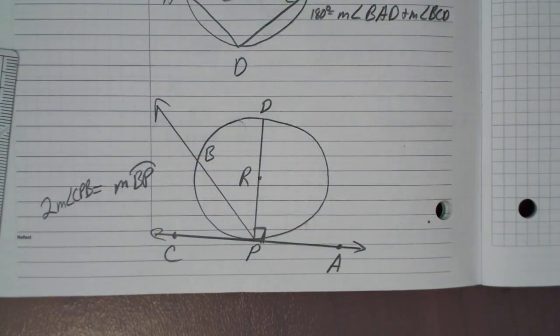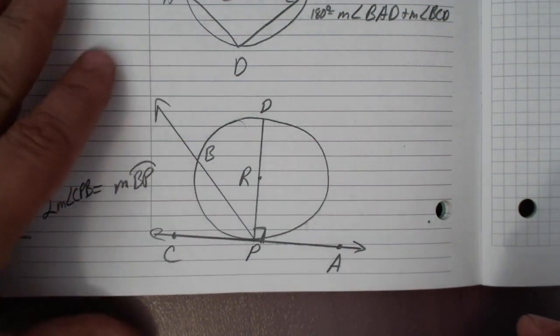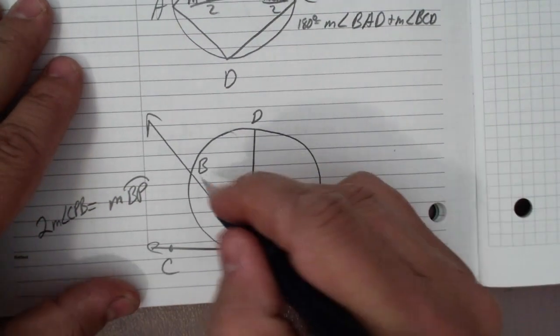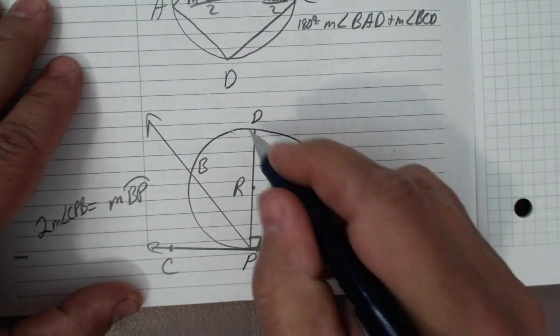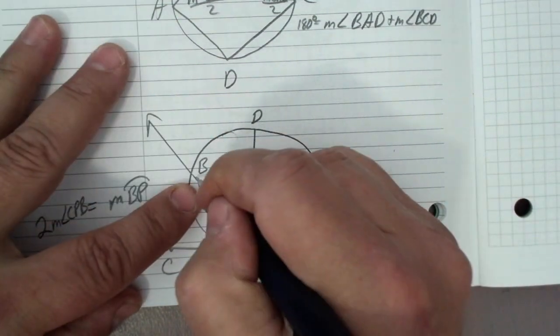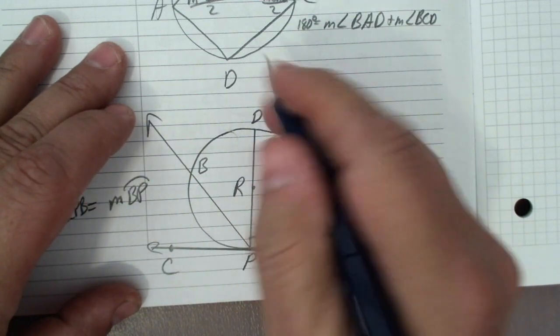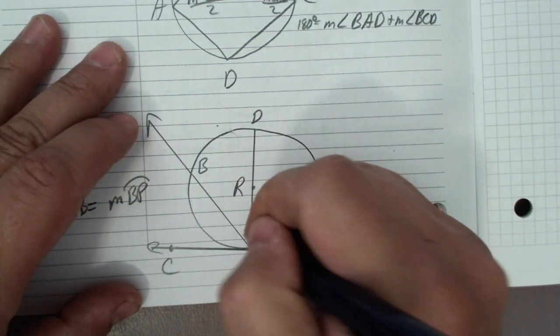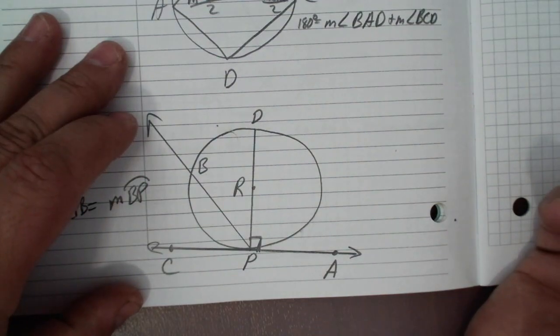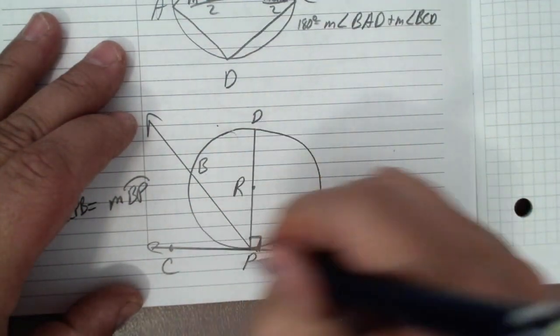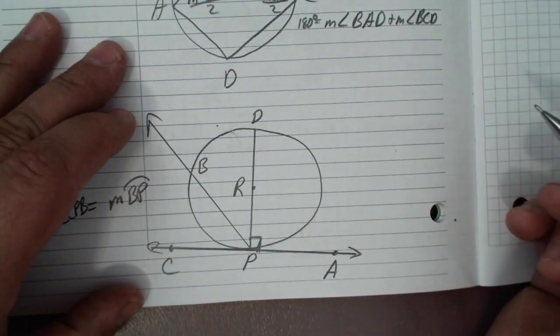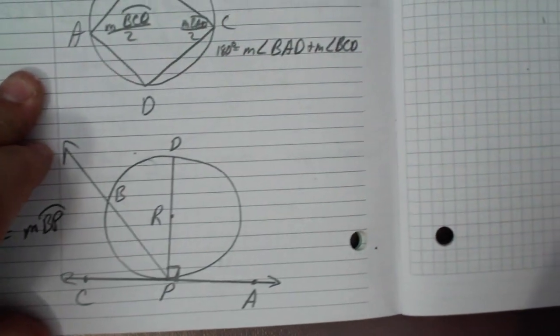Okay? And just likewise, BPD is going to be half the measurement of arc BD. So this measurement is going to be double this angle. Okay? Remember, a full circle has to be 360, and then we break it up into parts. All right?